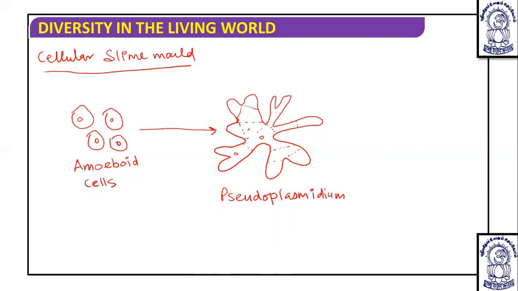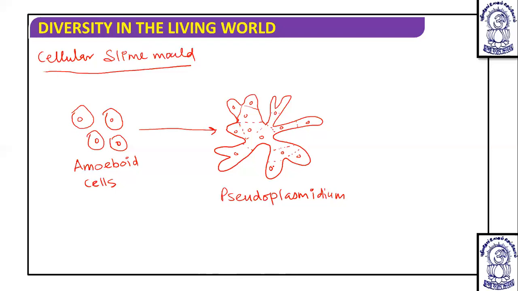Means the whole cell has not lost its identity. They are just as they were, but they are in a group, in a community, a gathering. If we look at that pseudoplasmodium, we will say that it looks like a multinucleated body, but internally it is not multinucleated.